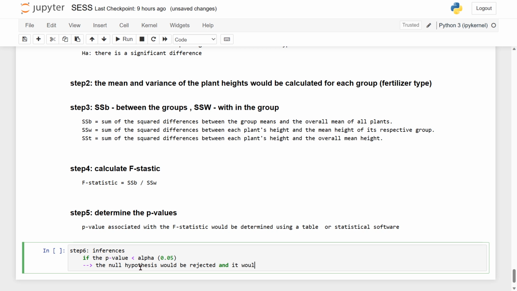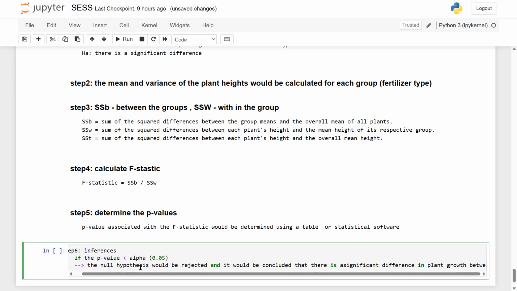and it would be concluded that there is a significant difference in plant growth between the three types of fertilizers.